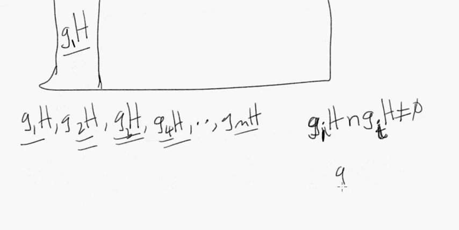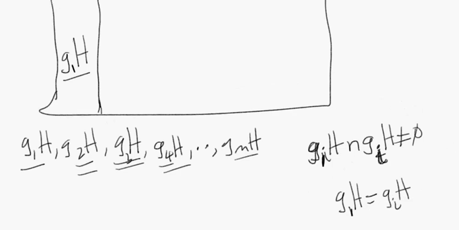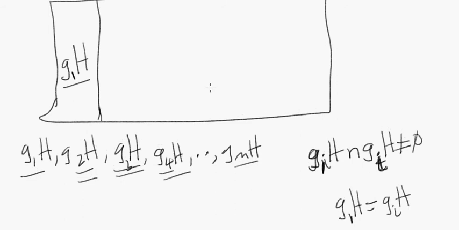Then we'll know that G1H just equals GIH. But if G1H equals GIH, why do we need to include GIH in one of these partitions? Because if we write G1H, we've already included GIH. So there's no need to. In fact, this is not just true for GIH.